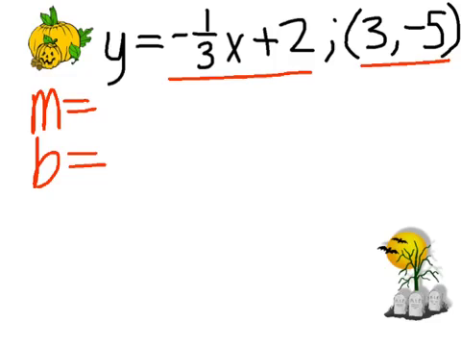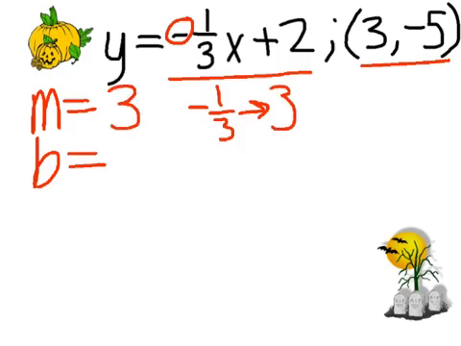How are perpendicular lines, their slopes, how are they related? You guys remember? They're negative reciprocals. So the sign is going to change, and we're going to flip the numbers. So we have negative 1/3. What's the reciprocal of 1/3? 3. And since it's a negative, it'll make it a positive when we find the negative reciprocal. So our slope is going to be positive 3.